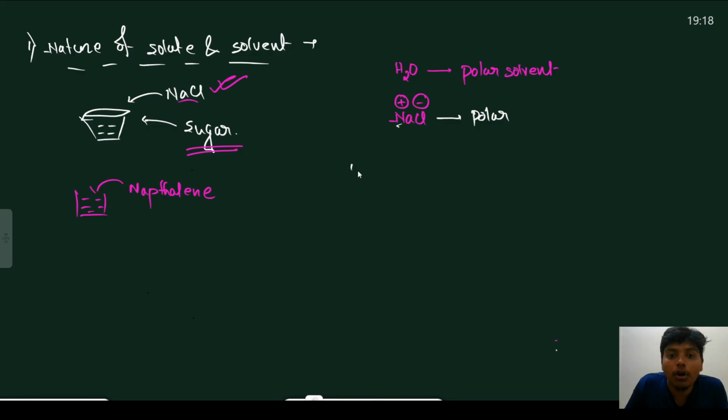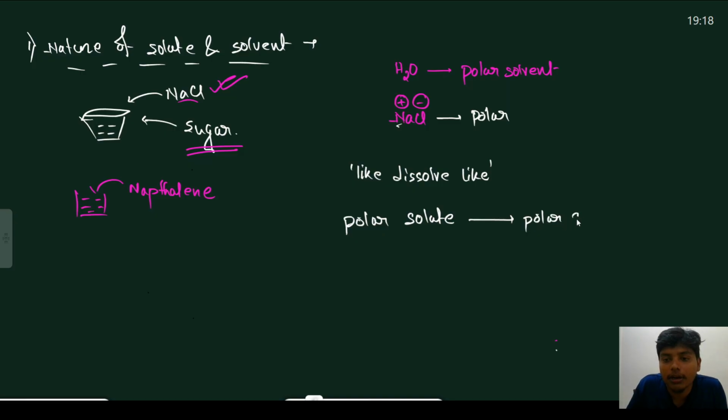And there is a rule called like dissolves like. What do you mean by like dissolves like? Like dissolves like means polar solute will dissolve in polar solvent. Understood? And non-polar solute will dissolve in non-polar solvent.